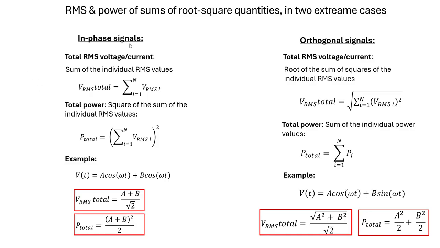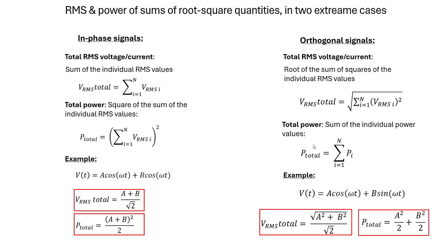For in-phase signals, the total RMS would be simply the algebraic sum of individual RMS values, and the total power is the total RMS square. Here you can see the total RMS is A divided by square root of 2 plus B divided by square root of 2, and the total power is the voltage RMS square.